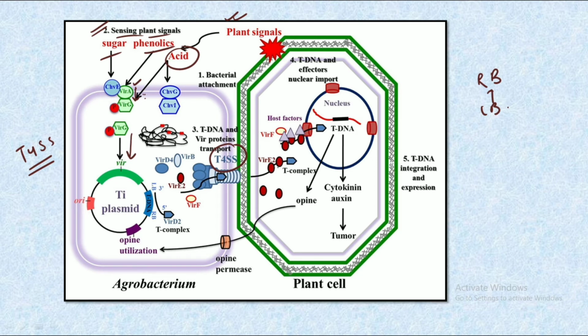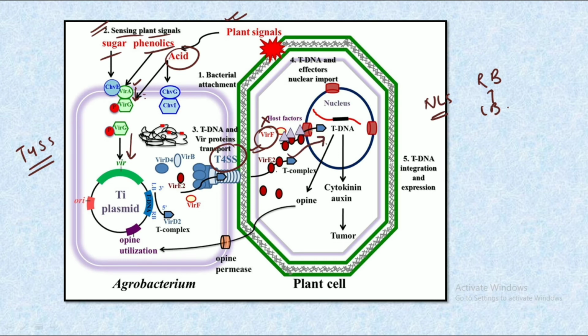Now there is the presence of VIRE2 on this tDNA, which acts as a single stranded binding protein, and VIRF helps to kill the immune system of the plant cell. Also the NLS is present on VIRD2 and VIRE, because of which the tDNA is targeted towards the nucleus.